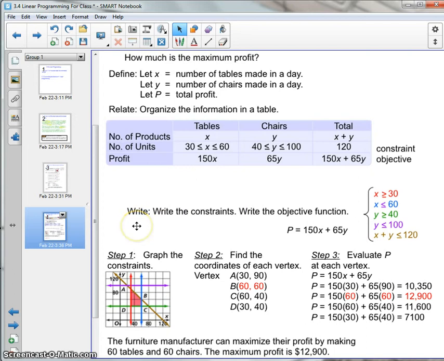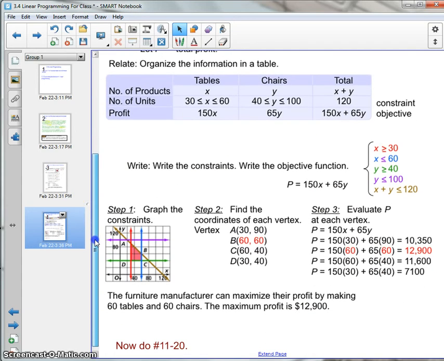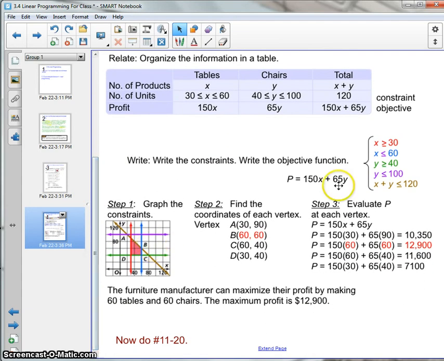So now that we have figured out those constraints and we have our objective function here, which is our profit is equal to 150x plus 65y, we want to follow the same steps as we did in example 1. We want to graph these constraints. So you can see we matched up the colors here to the lines here, and we have 5 different inequalities, and they make this red feasible region.